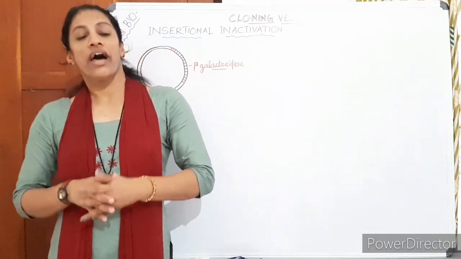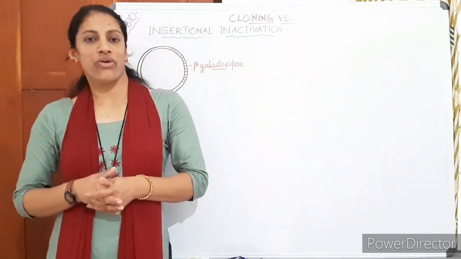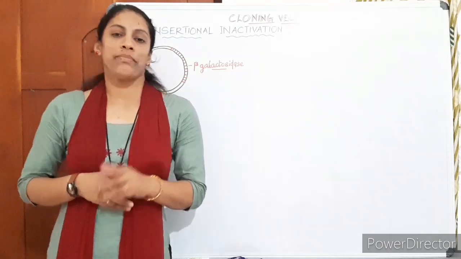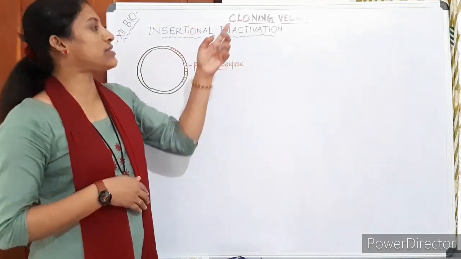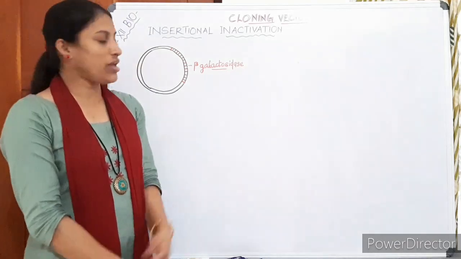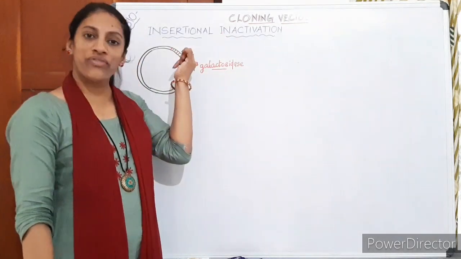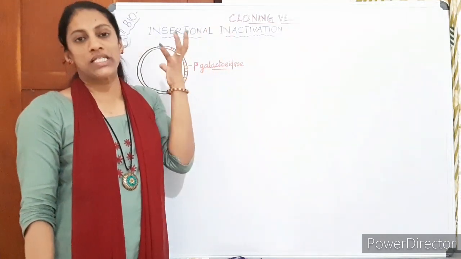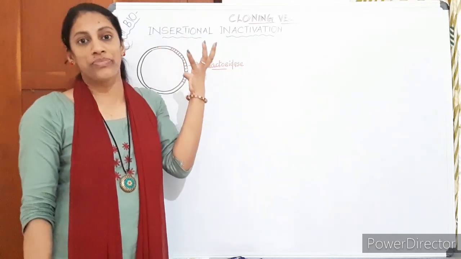This is an easier method than the usage of antibiotic resistance genes. In both cases we can discuss it as insertional inactivation. Whether it's an antibiotic resistance gene or an enzyme sequence, due to the insertion of a desired gene, this plasmid loses a particular ability, a particular property.